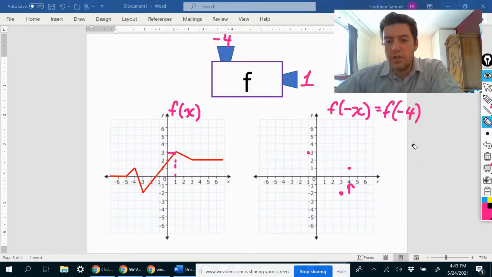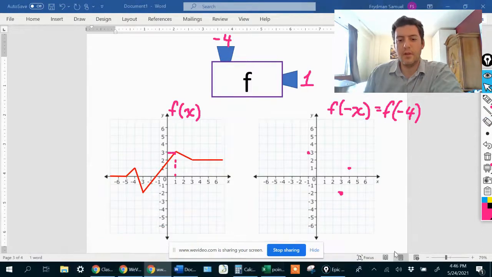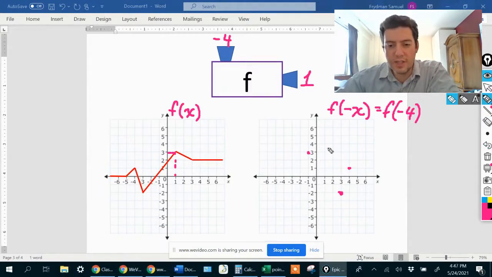Okay, so can you see what's going on here? So if you were to continue doing this with every number on the x-axis, this is what it would look like in the end.